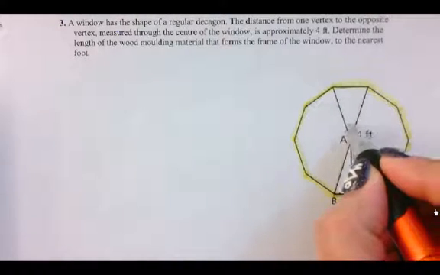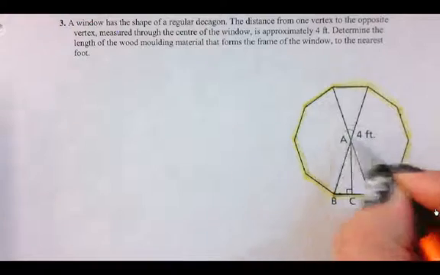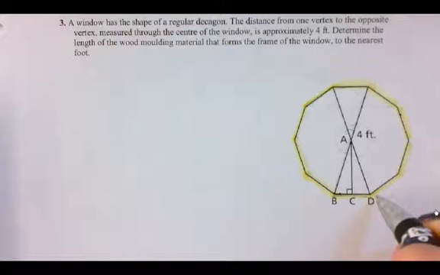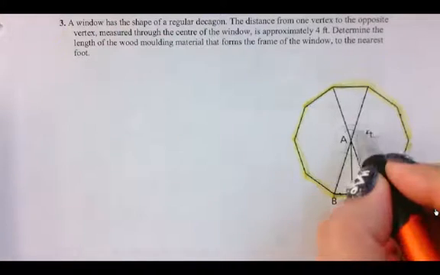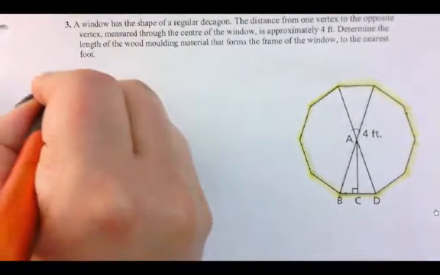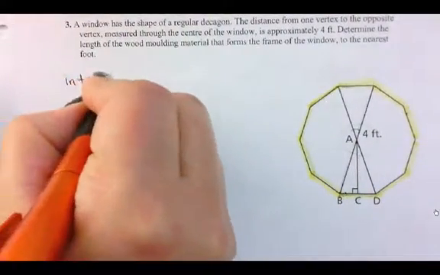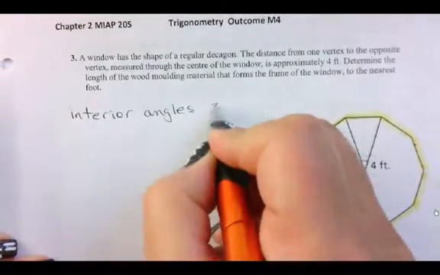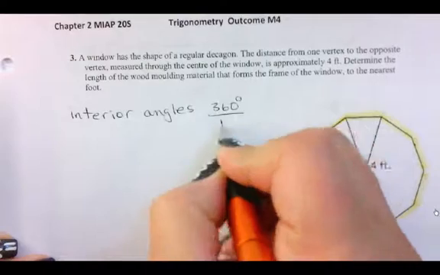So if we know that the measure of a full circle all the way around is 360 degrees, and we've divided it into 10 sections, what is each one of these sections going to be? So the interior angles are 360 degrees divided by 10.